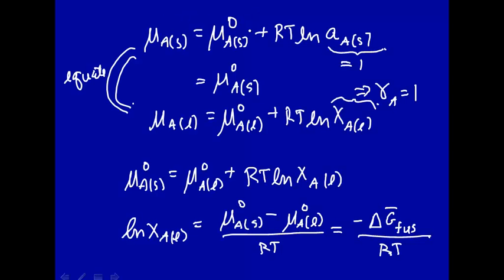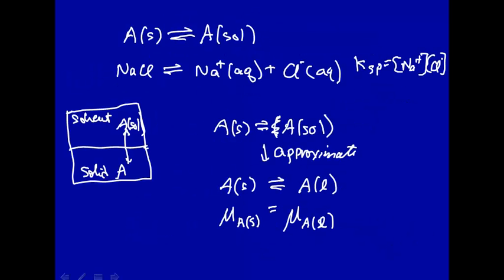Well, the chemical potential is related to free energy, as we expect. Remember that the chemical potential is how free energy changes with the number of moles, and we give that the symbol partial molar free energy. And the reaction we're looking at here is solid going to liquid.